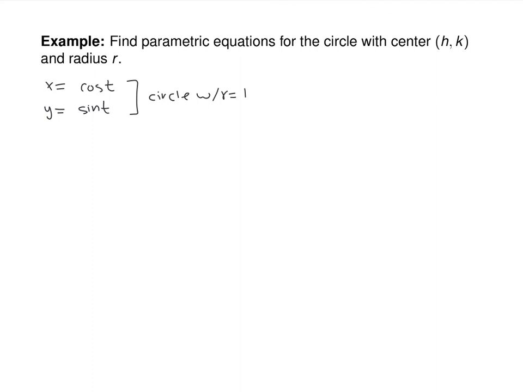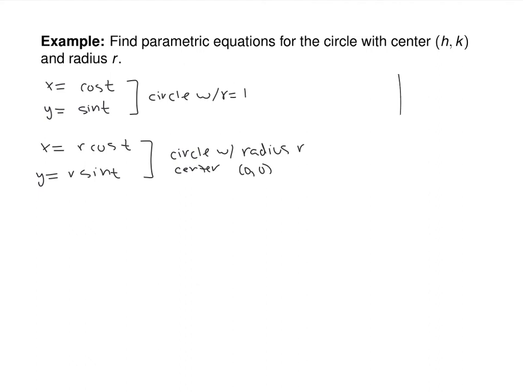So if we want to trace a circle with radius r, where r might not be 1, what we could do instead is let x equal r cosine t, y equal r sine t. And this will do a circle with radius r and center 0, 0.